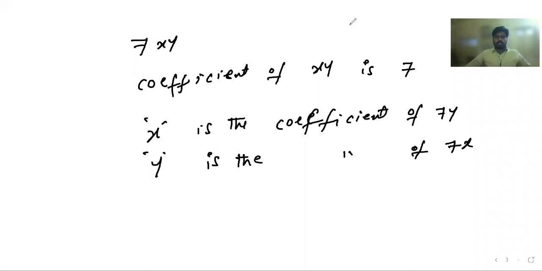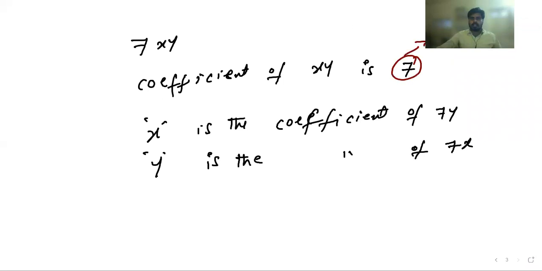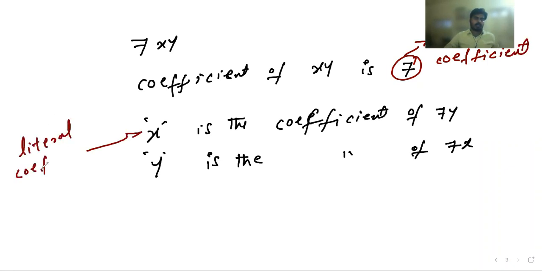Here this 7 is called a numerical coefficient, and x is called a literal coefficient, and y is also called a literal coefficient.